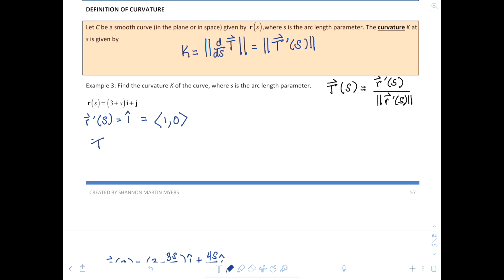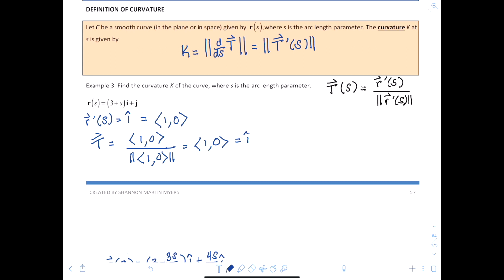So we get T is equal to 1, 0, which is our r prime at s, divided by the magnitude of 1, 0, which of course is just going to be 1, 0, or i.